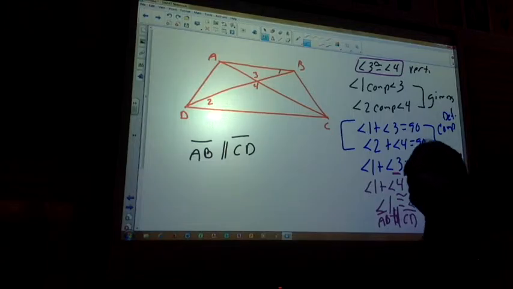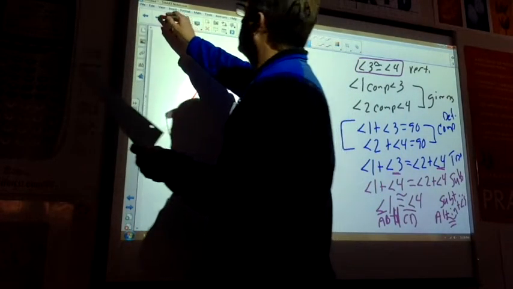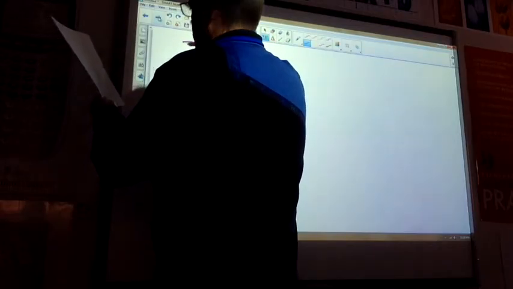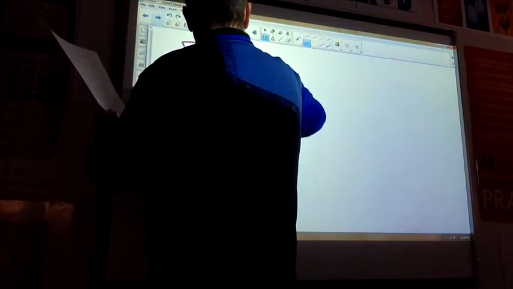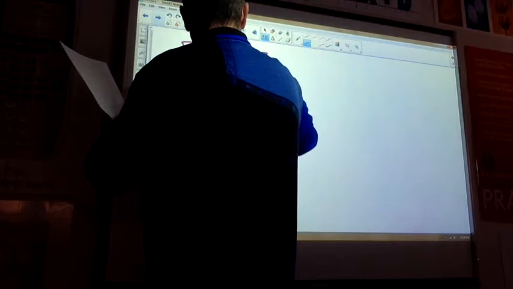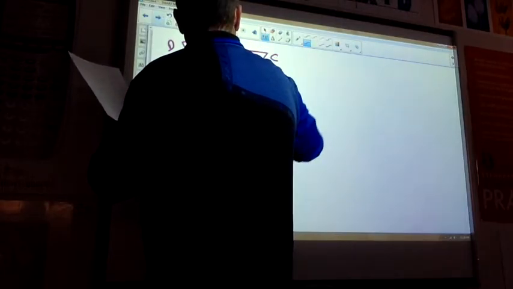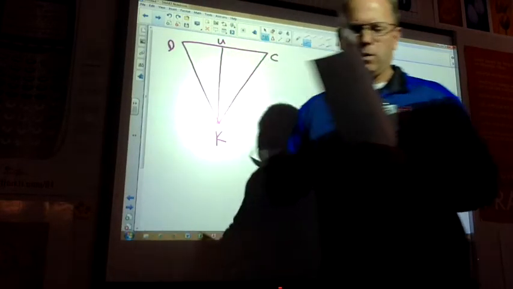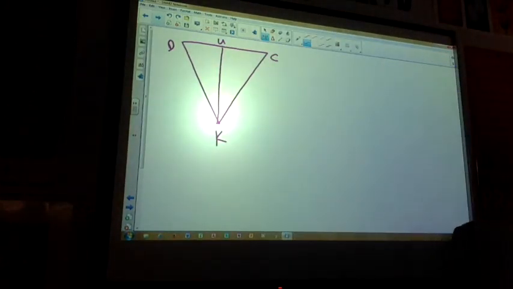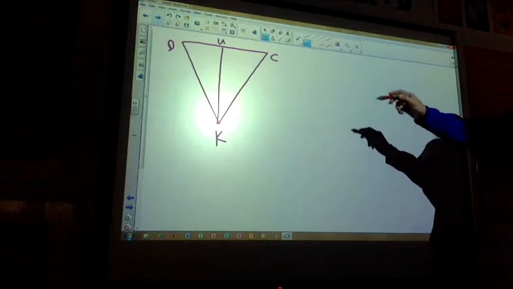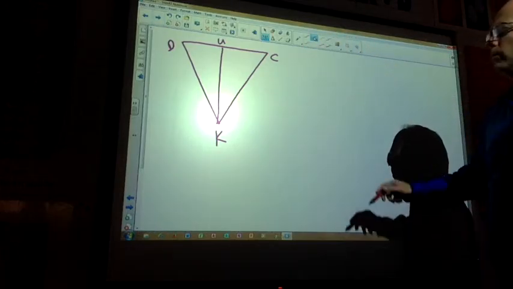All right, next problem. Here's our diagram. Knowing nothing else, what's something that we know? It's a go-to.